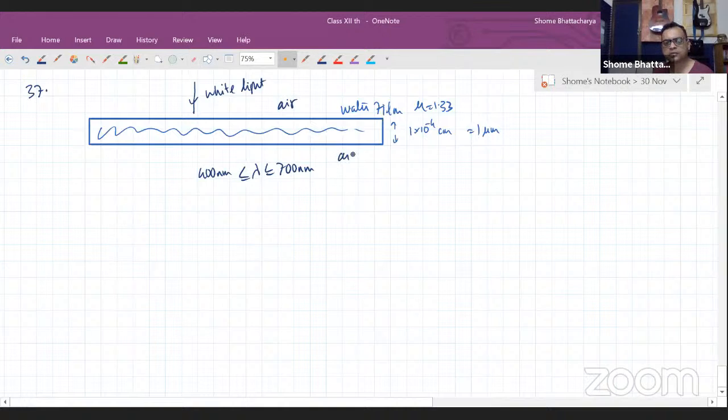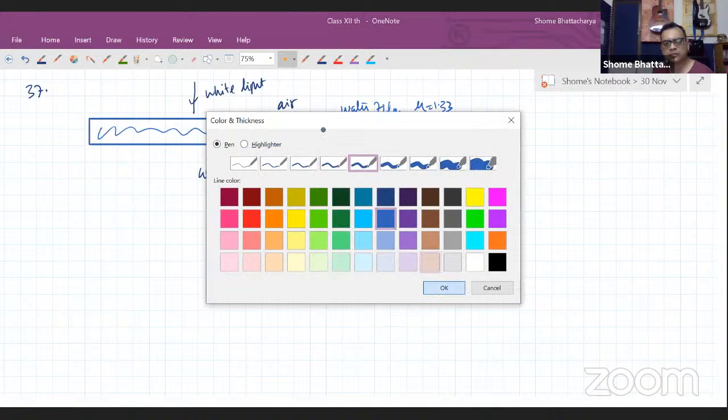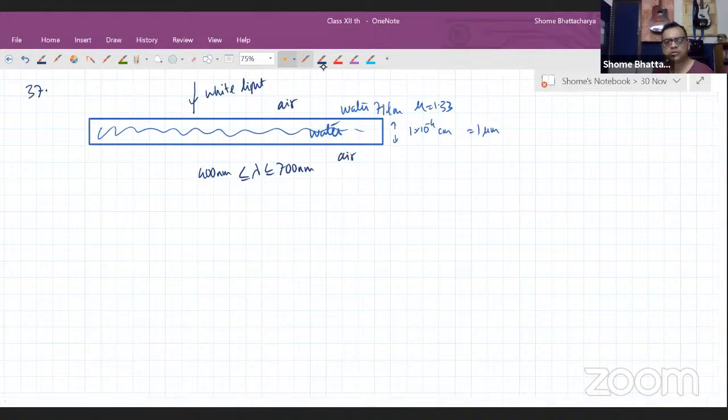Okay, so there is air on either side and water in between. So transmitted light will be basically light which is coming out on this side. Okay. So it is light that is directly coming out or light which is doing this. It is reflected and re-reflected.